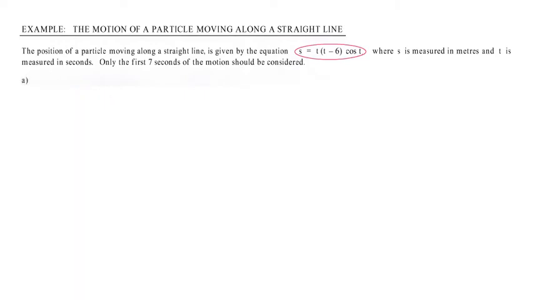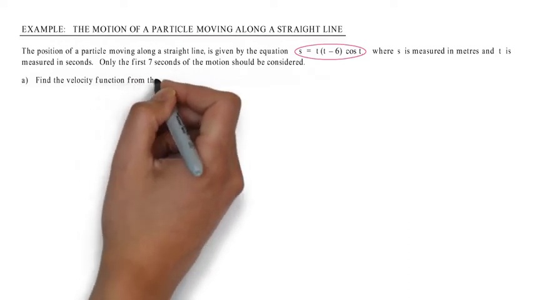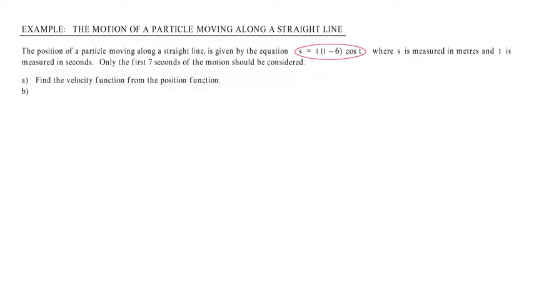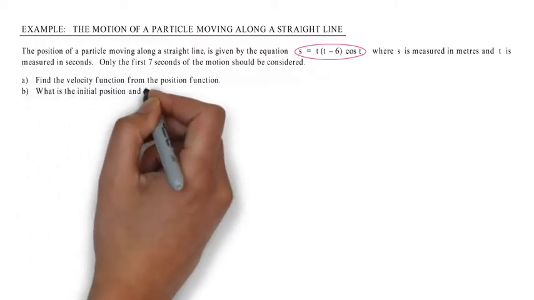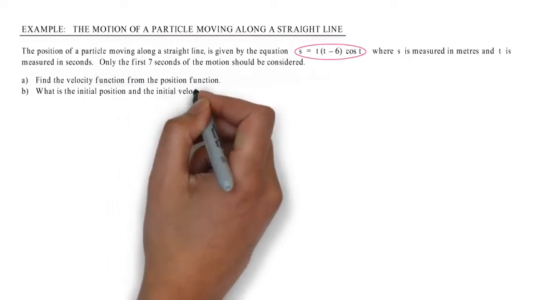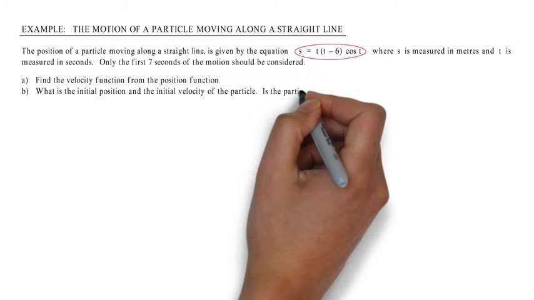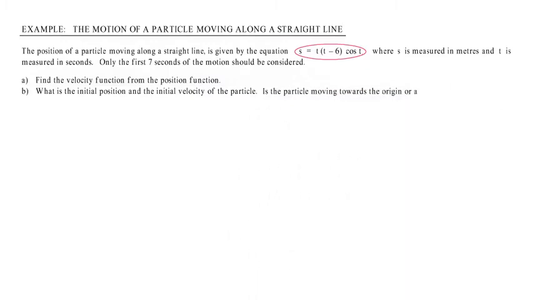A. Find the velocity function from the position function. B. What is the initial position and the initial velocity of the particle? Is the particle moving towards the origin or away from the origin?